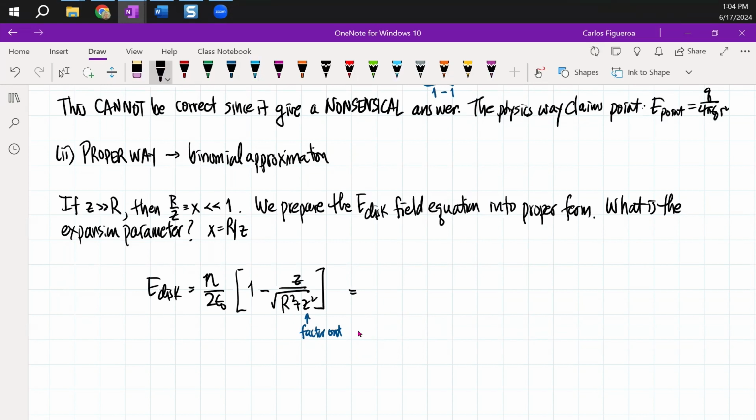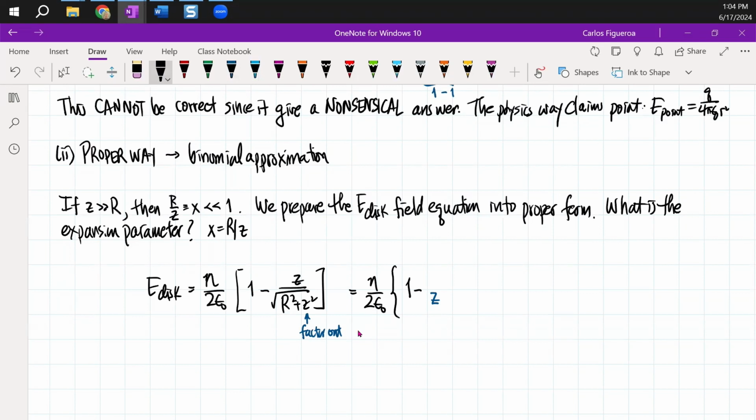If I factor out a z, I'm going to get a z in the denominator.